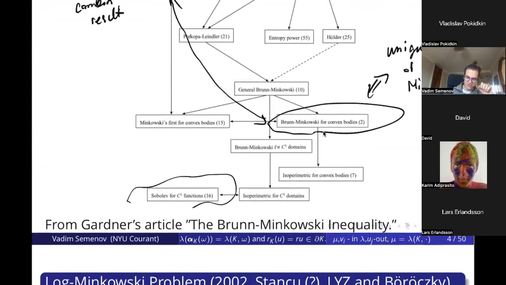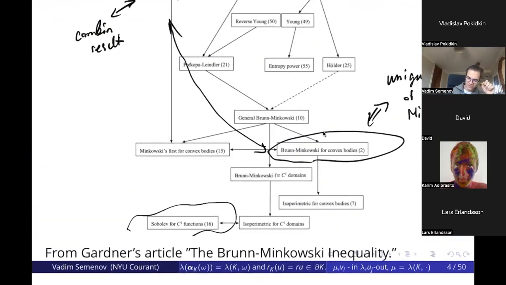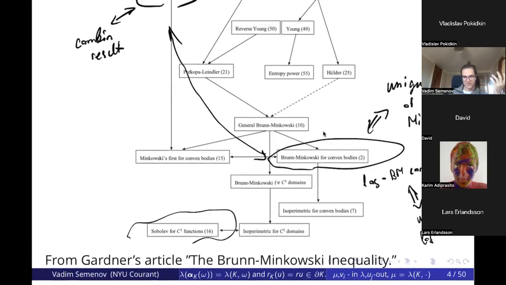And so this picture here is obviously not full. But there is a log BM conjecture, which is equivalent to uniqueness of the log Minkowski problem. And I will tell you what the log Minkowski problem is in a second. And there are a lot of ways you can try to obtain this log Brunn-Minkowski conjecture, right?